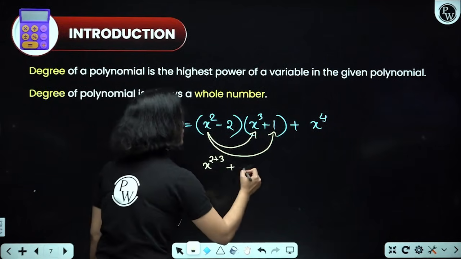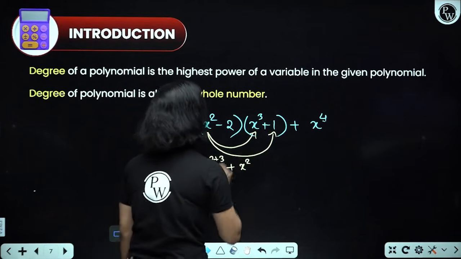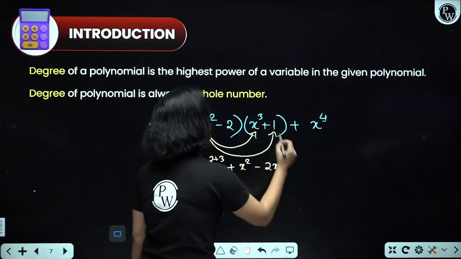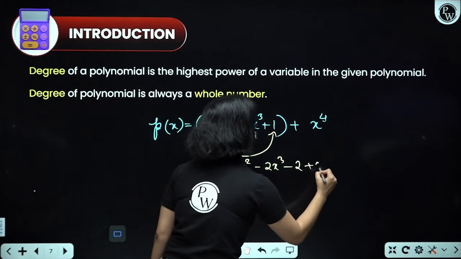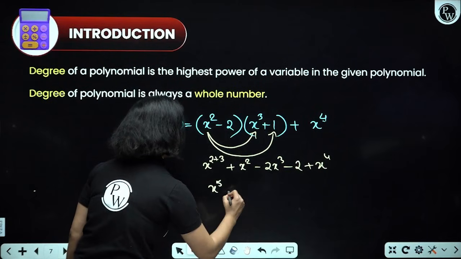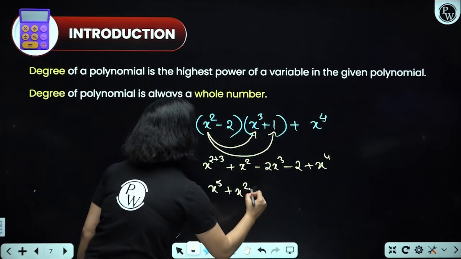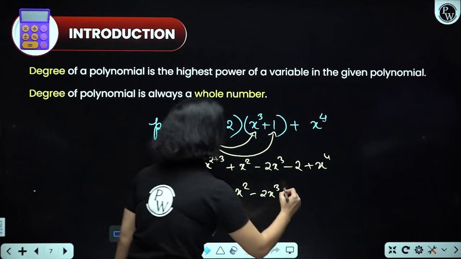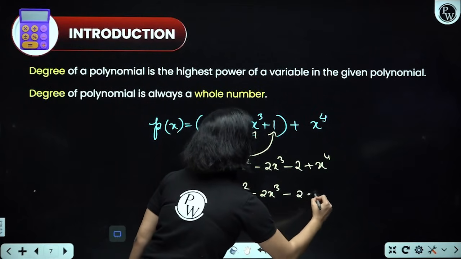Then x raised to power 2 into 1, so x squared. Minus 2 into x cube, so minus 2x cube. Minus 2 into 1, so minus 2, plus x raised to power 4. Now this becomes x raised to power 5 plus x squared minus 2x cube, then minus 2, plus x raised to power 4.